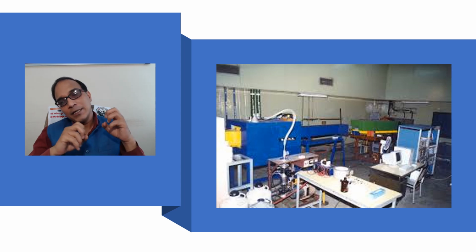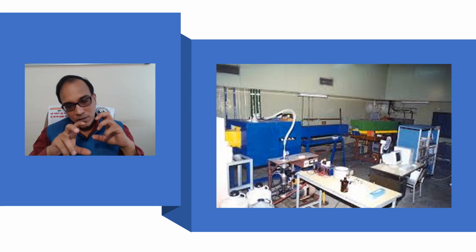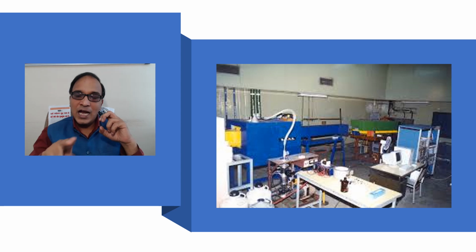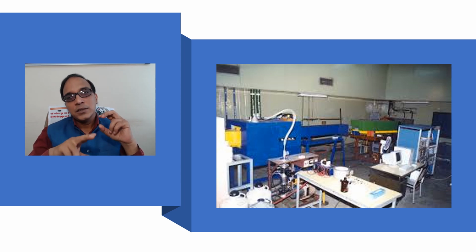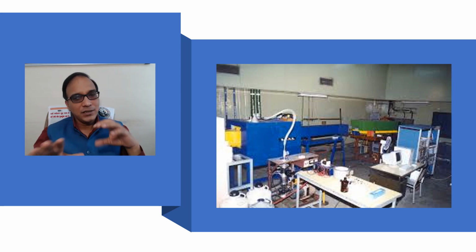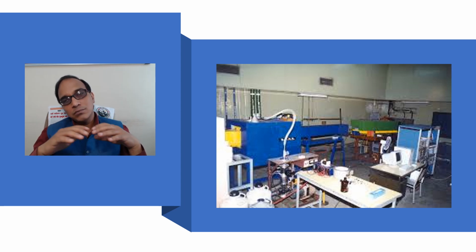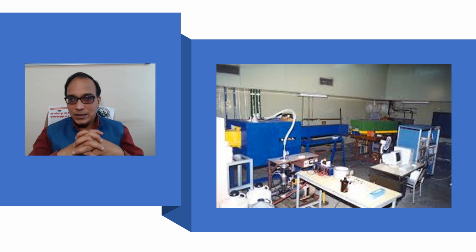The neutron flux coming out of the nuclear research reactor Dhruva is taken and directed along that line to the sample, and the neutron scattering is observed, just as X-ray diffraction gives a pattern. In a similar manner, neutron scattering is observed. So it is a setup for small angle neutron scattering.